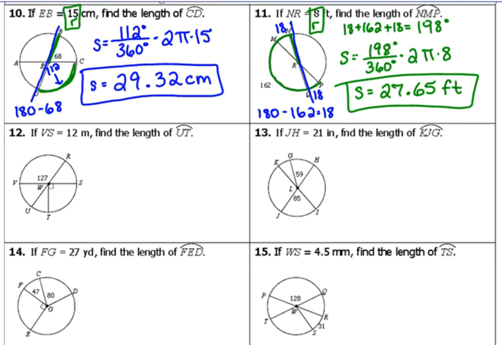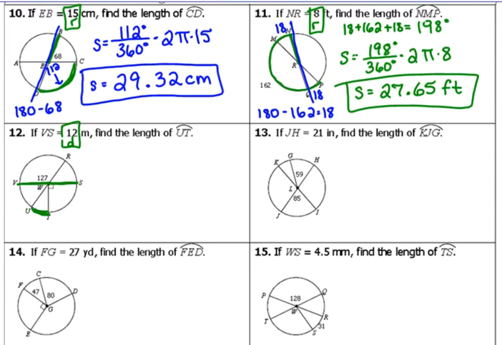Let's look at number 12. If VS is 12 meters, VS is a diameter. VS goes all the way across the circle, so it's a diameter. Find the length of arc UT. So let's see here.